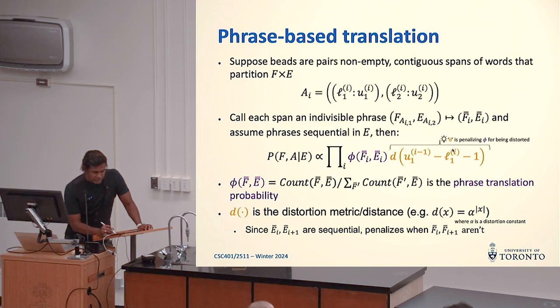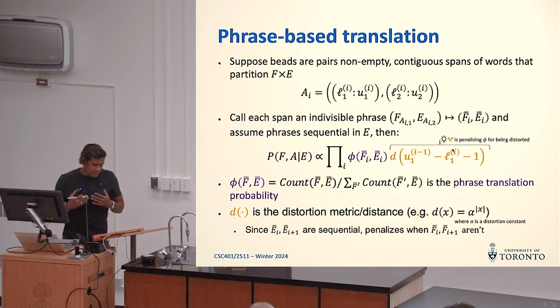If they're just side by side, then there's a minimum penalty. If they diverge, if the distance between them increases, then the penalty increases. So that's the high-level intuition of the distortion penalty. You can read more about it in the text, but think of it as how much the phrases deviate or are apart. That's a high-level phrase-based translation methodology.